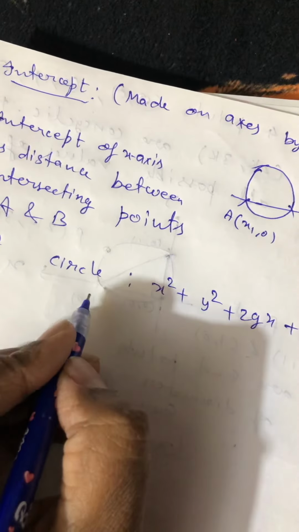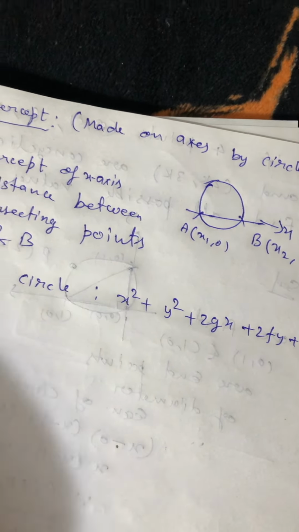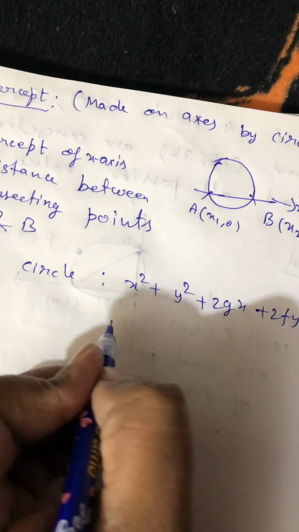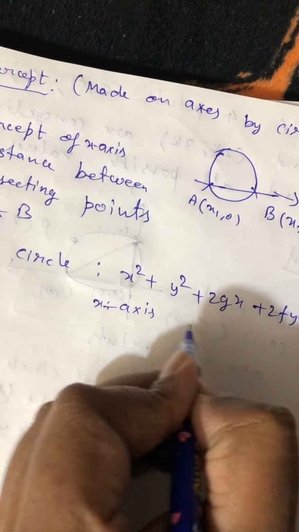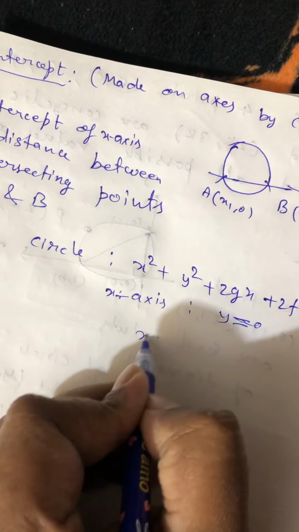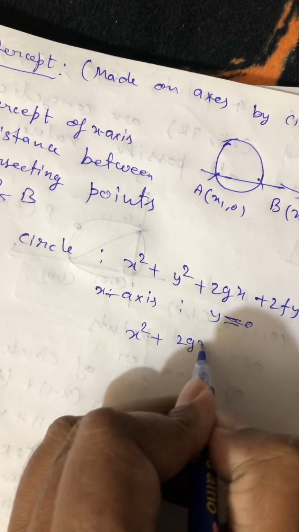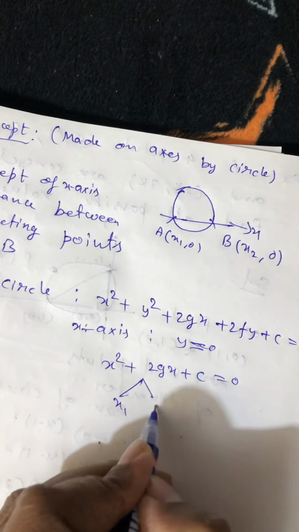If you want to find the values of x1 and x2, then we have to solve with the x-axis, and the x-axis equation is y is equal to 0. If I put y equal to 0, then the equation becomes x squared plus 2gx plus c is equal to 0. This is a quadratic equation which has two roots, x1 and x2.